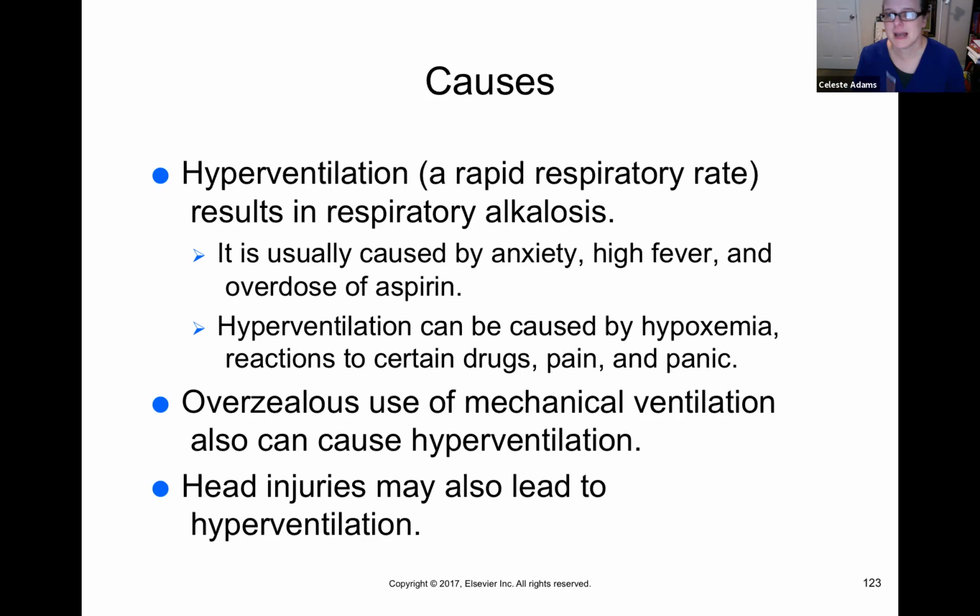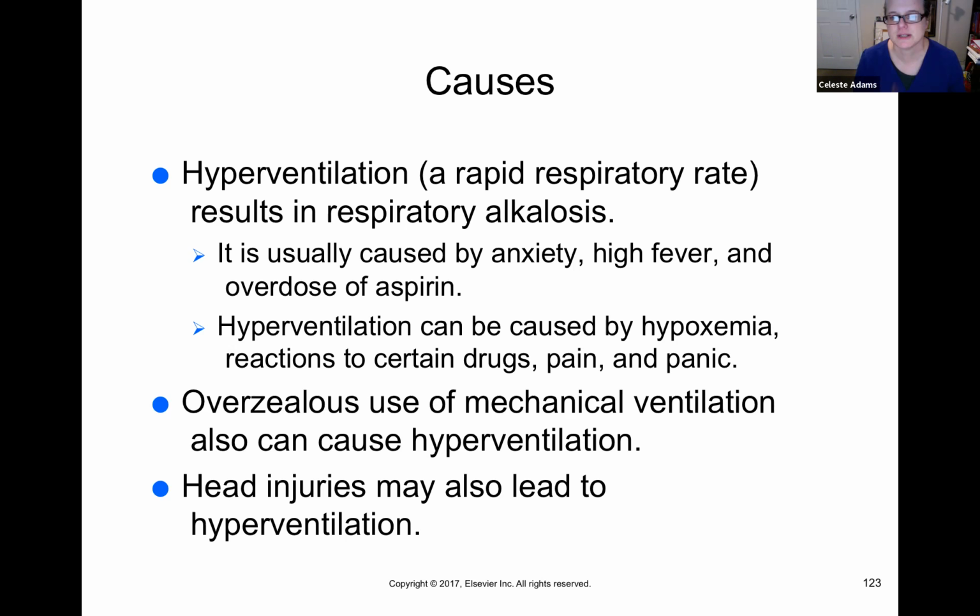You do tend to hyperventilate when you're anxious, and that will cause that excess release of carbon dioxide. The body doesn't have time to retain it. Low CO2, respiratory alkalosis.